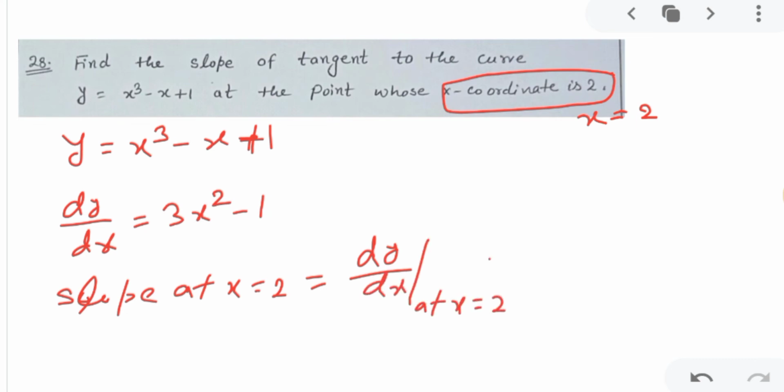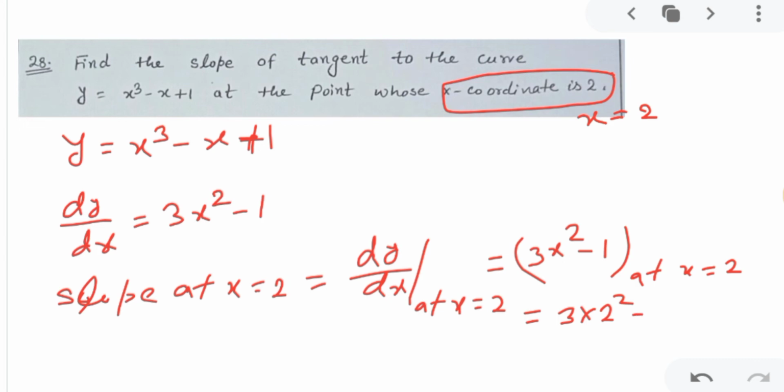And the dy upon dx value is 3x square minus 1 at x equal to 2. So at x equal to 2, you just put the x value as 2. So 3 into 2 square minus 1. 3 into 2 square means 3 into 4 minus 1. 3 into 4 is 12. 12 minus 1, 11. That will be your answer. 11 will be your answer.